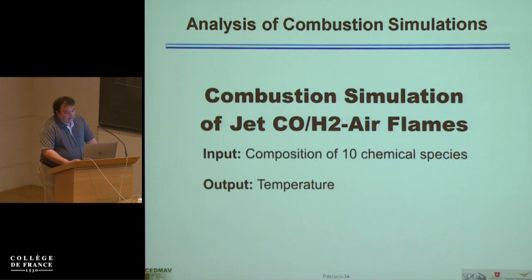So here, this particular little study is on a combustion simulation. Here we have 10 different chemical species where scientists want to understand how to blend those to build a fuel that does cleaner combustion. They're looking at high temperature as a good figure of merit.